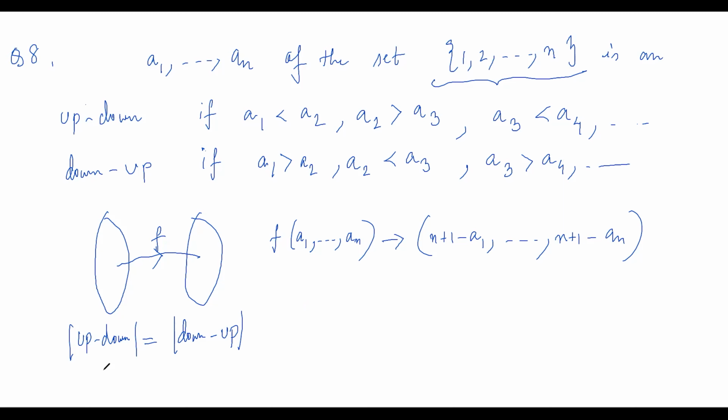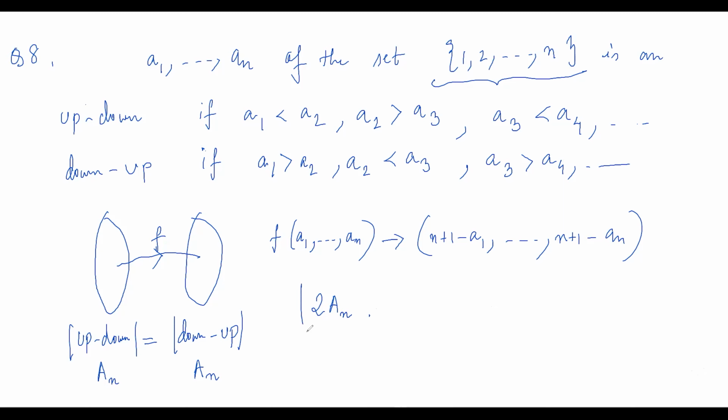So then if an is the number of up down permutations of length n, the number of down up permutations of length n will also be an, as they are equal, and so the total number of alternating sequences of length n is 2an.